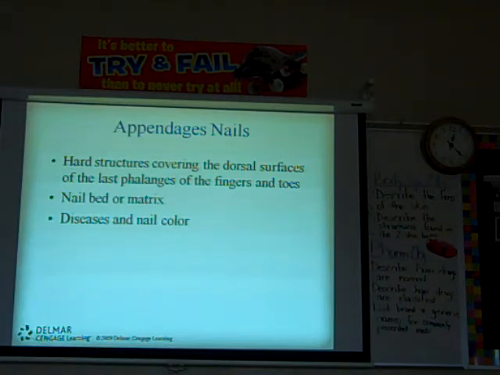Aren't there little white things in your nail, calcium buildup or something? No, that's the lunula. Like the little white things that move down your nail. You know what I'm talking about? Oh, you're not talking about the proximal white half circle. You're talking about if you hit your nail. No, that's not right. Yeah, I heard that's calcium buildup.